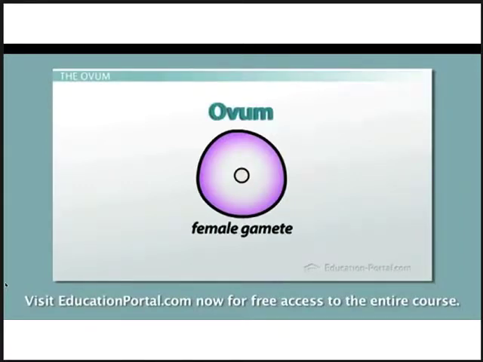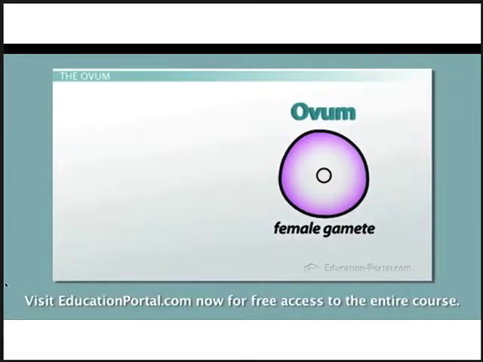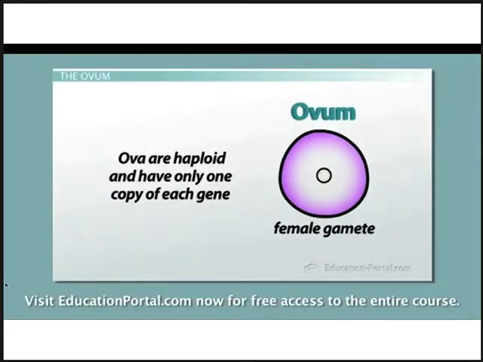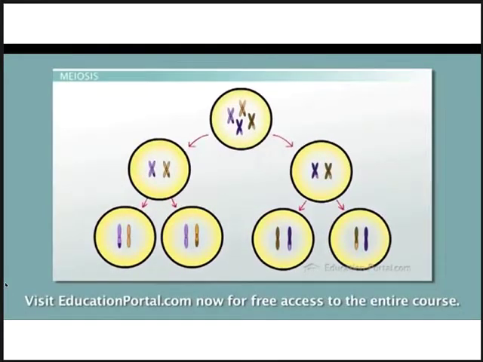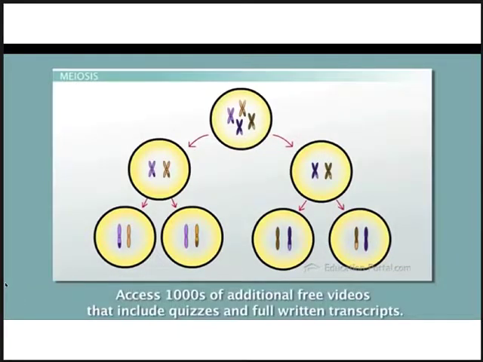plural form. Now you may recall, each ovum must be haploid and contain only one copy of each chromosome. You may also remember that in order to create haploid gametes, a cell must go through the process of meiosis, which involves replicating its genome and then dividing, not once, but twice.